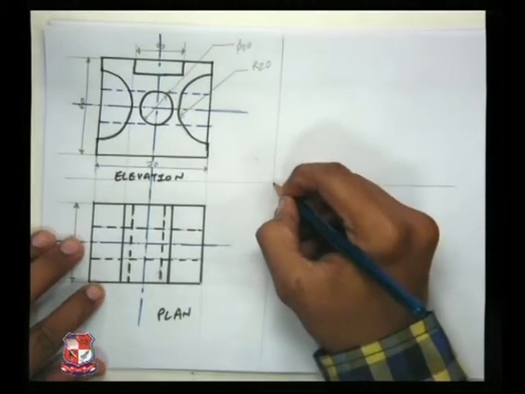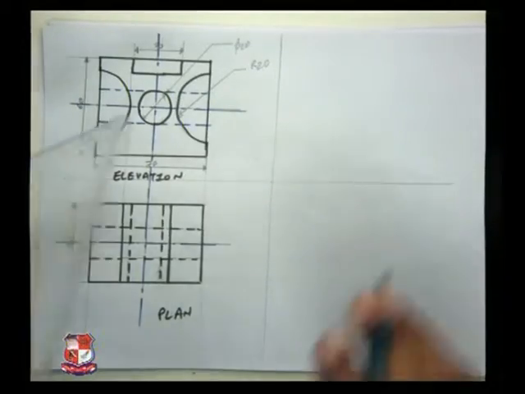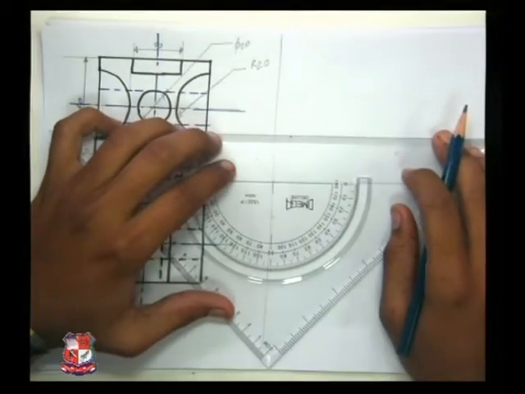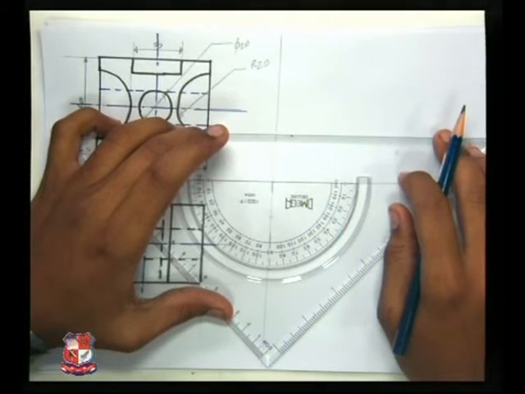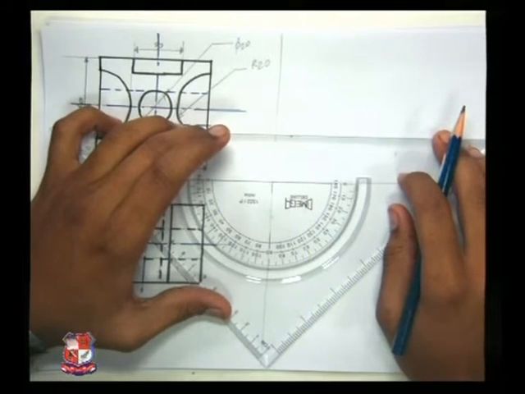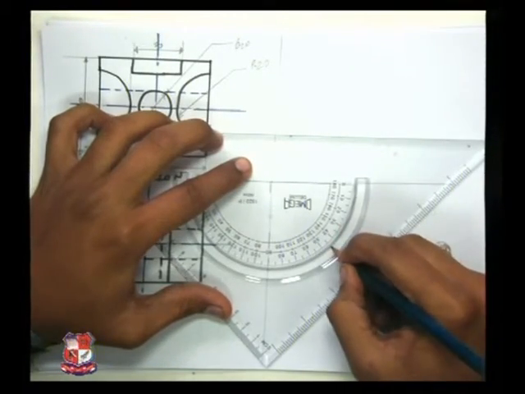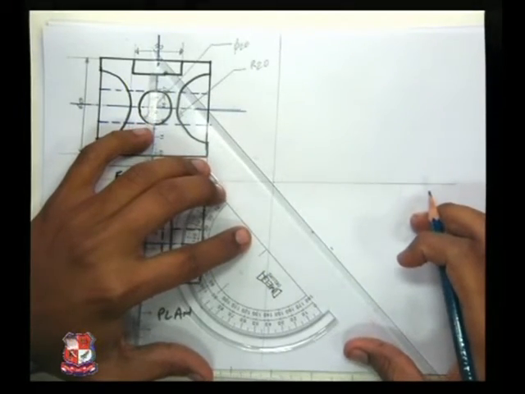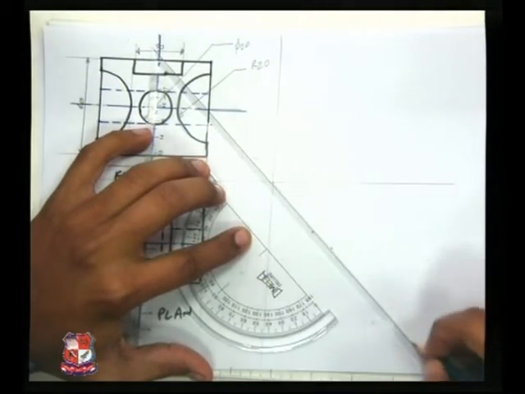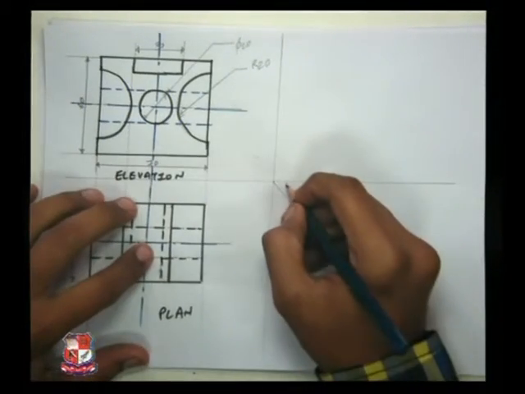To take the projections, either we can use the radius method or the 45-degree method. I am using the 45 degrees method to take the projections.